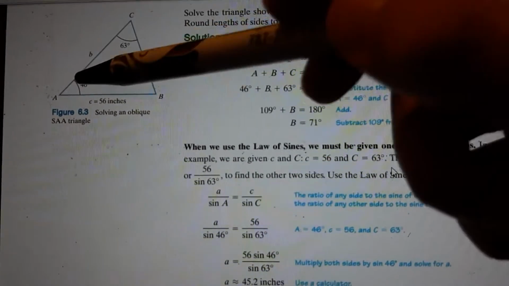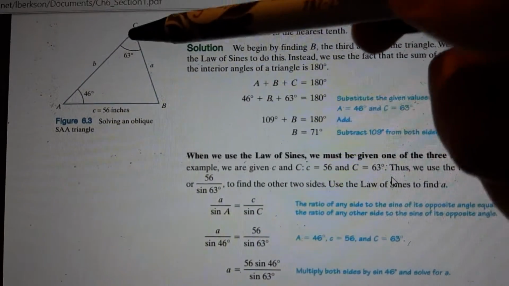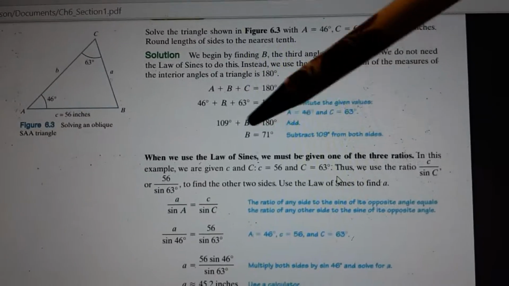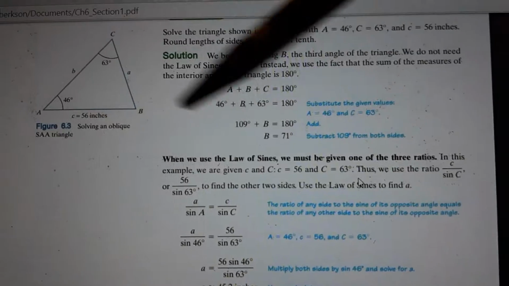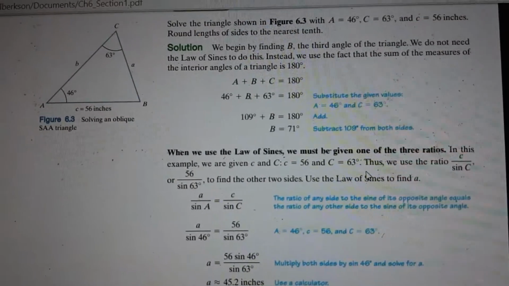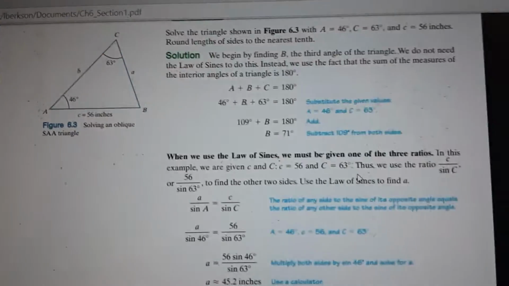We know angle A, but we don't know side A. We know angle C, and we know side C. And we now know angle B, but we don't know side B. So we're going to be using C, and using that value to find A and B.